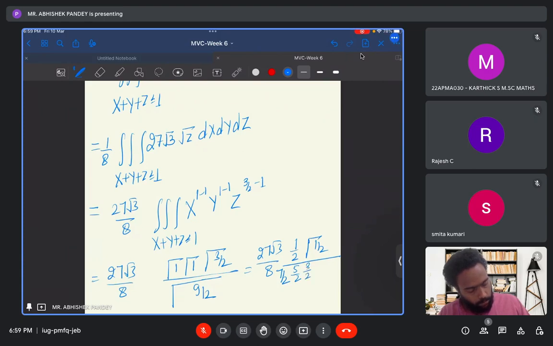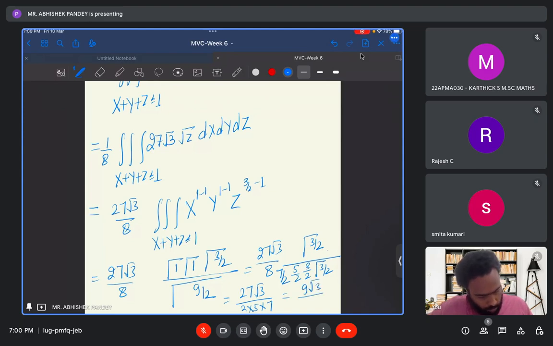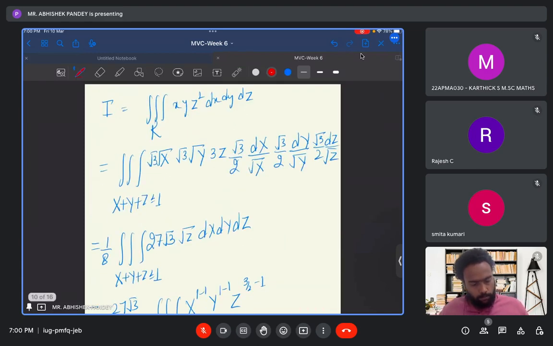Here gamma 3 by 2 is already there, so this thing will get cancelled, and you will get 27 root 3 upon 3 into 5 into 7. So this will be 9 root 3 upon 35. This is your answer. Okay, fine.